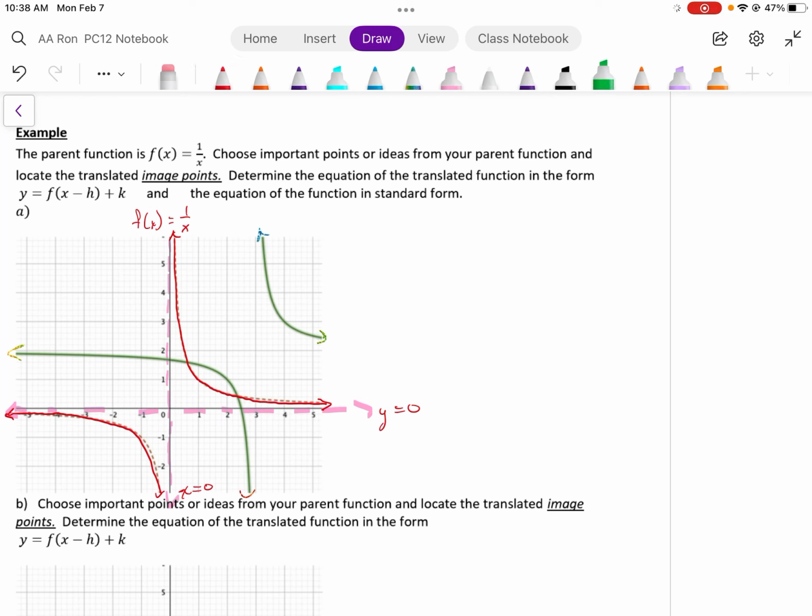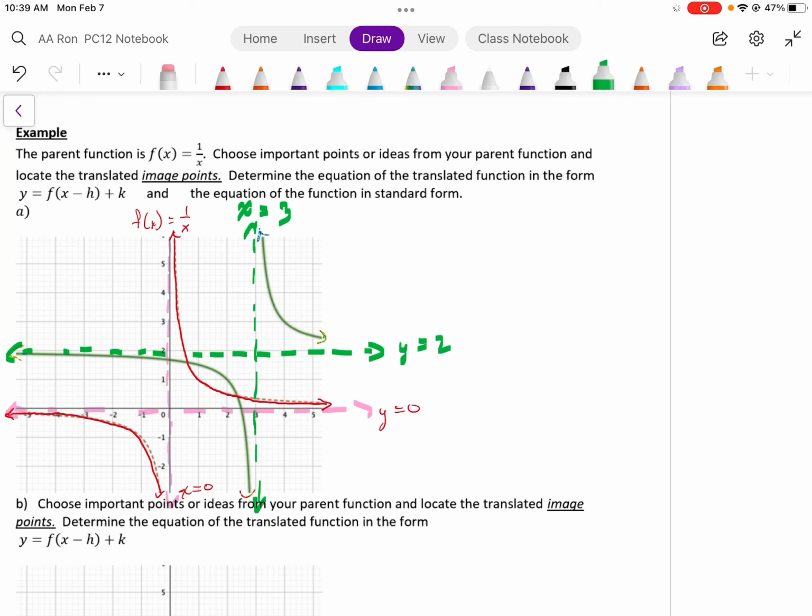I go take a look at the green, and the green function looks something like this. It looks like I have a vertical asymptote at x is equal to 3, and a horizontal asymptote, now they have to be dotted lines with arrows, y is equal to 2.